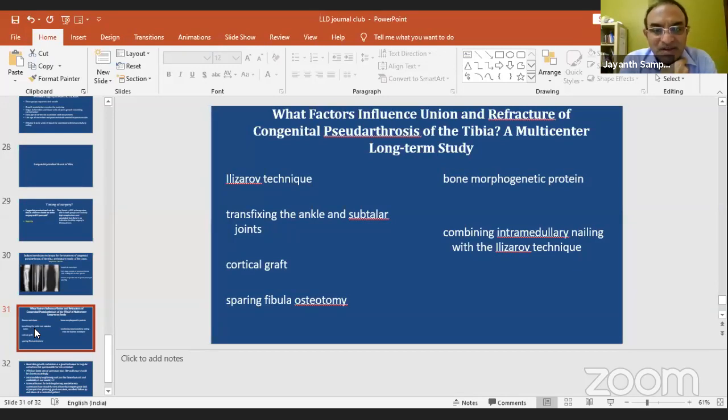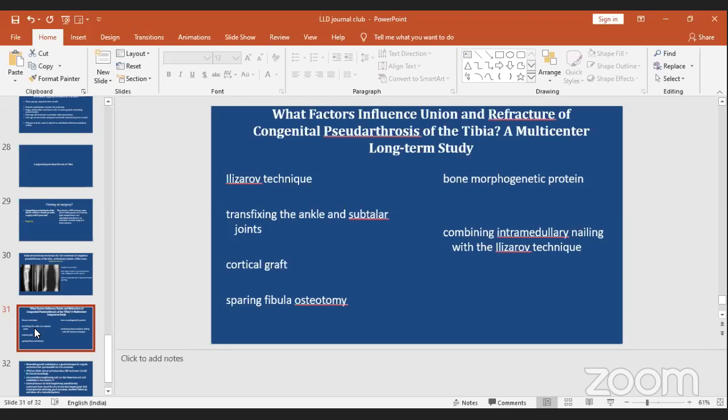So some form of external fixation, I feel, helps. But I think a plate is less cumbersome. So if we can design a small enough plate, I think that would be a good option. But I think supplemental fixation is essential because just the intramedullary nailing is not enough.